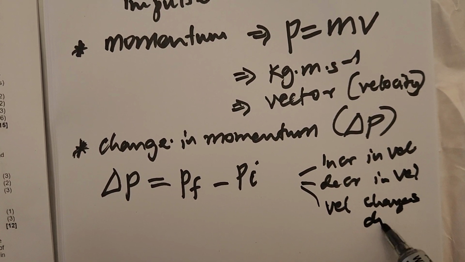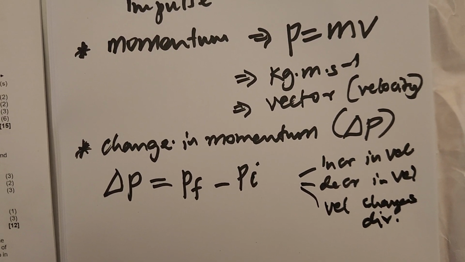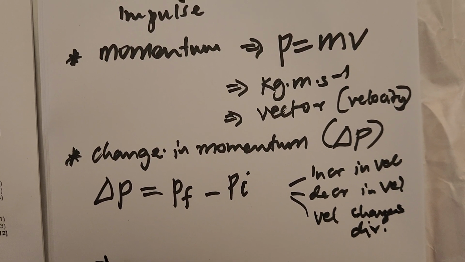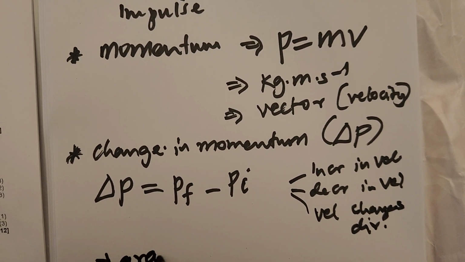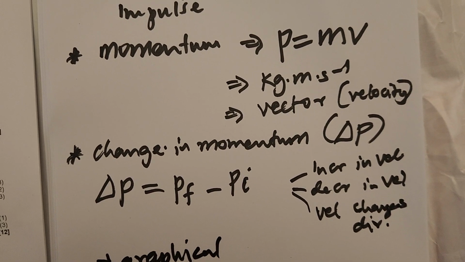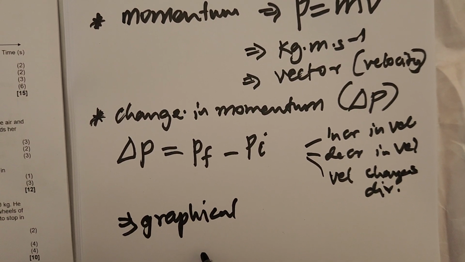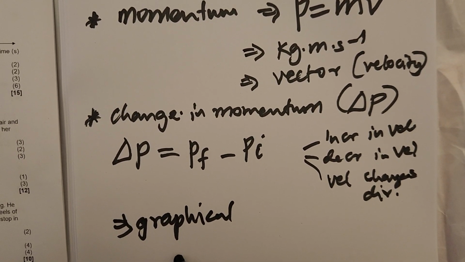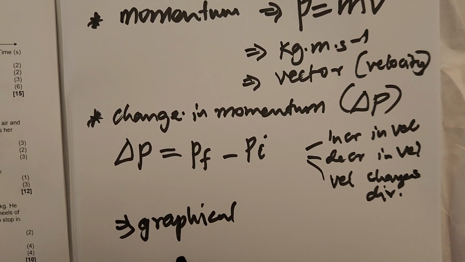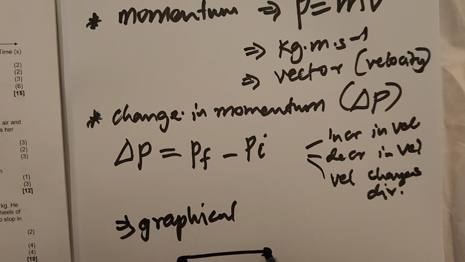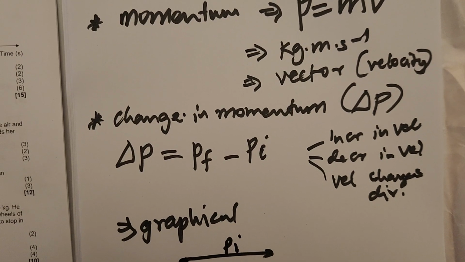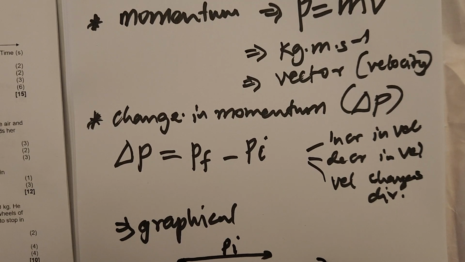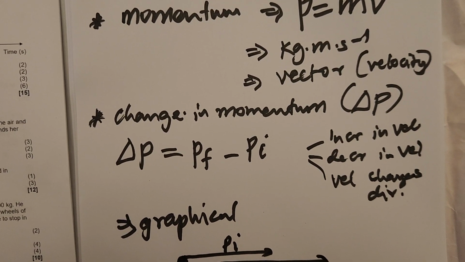Now there is another part, where we're talking about the graphical representation of momentum. Remember the golden rule: make sure that when you draw the initial and final, they are all starting at the same point. If the initial is going this way, to the right or east, then the final, if there's an increase in momentum, will go to the east again, or to the right.